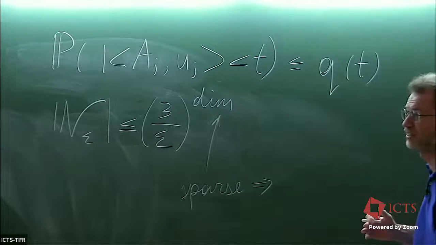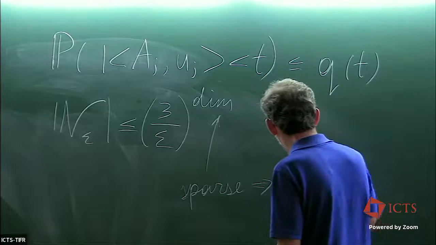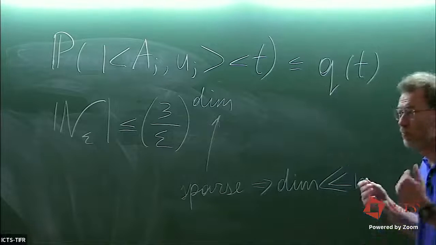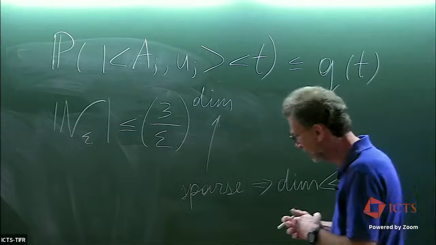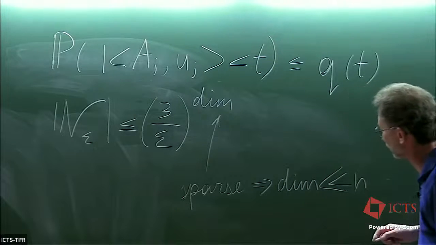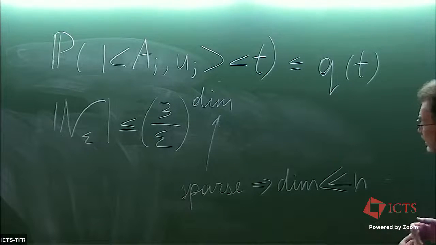The support is much less than n, so the dimension of the relevant space is much smaller than n. And this much smaller is exactly the improvement we needed to carry the epsilon net argument through. So we beat this additional absolute constant to the power n.